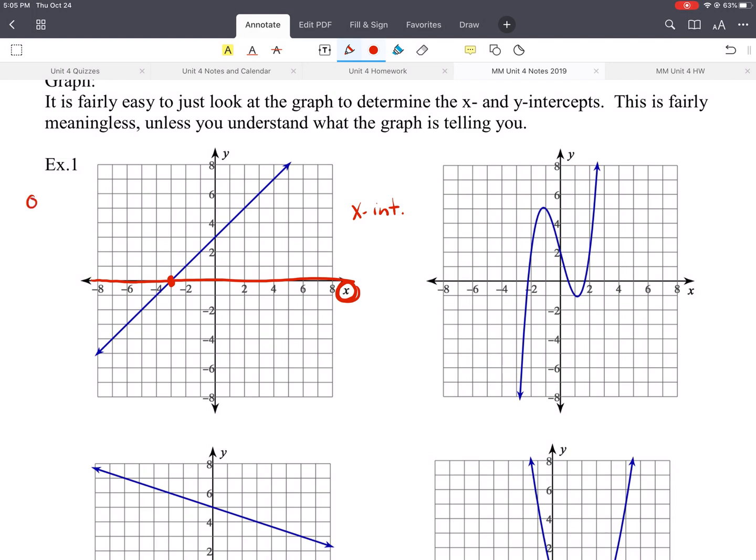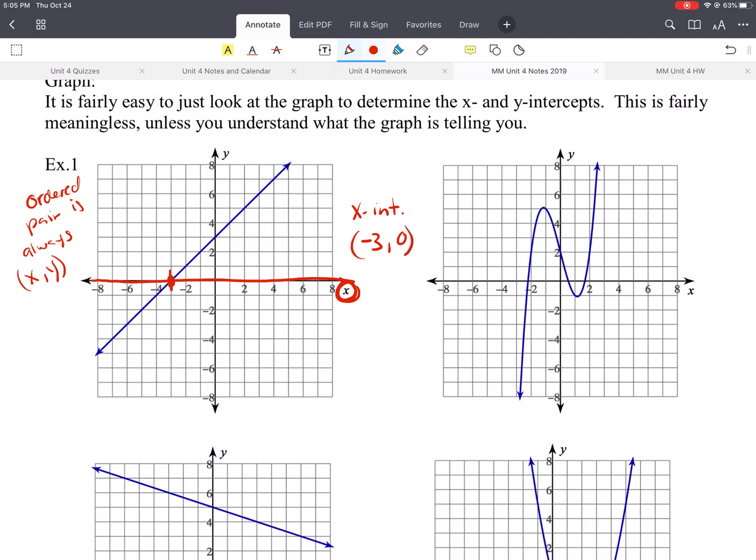Ordered pair is always x first and then y. So in this example, x first gives us a -3, and then the y value is 0.